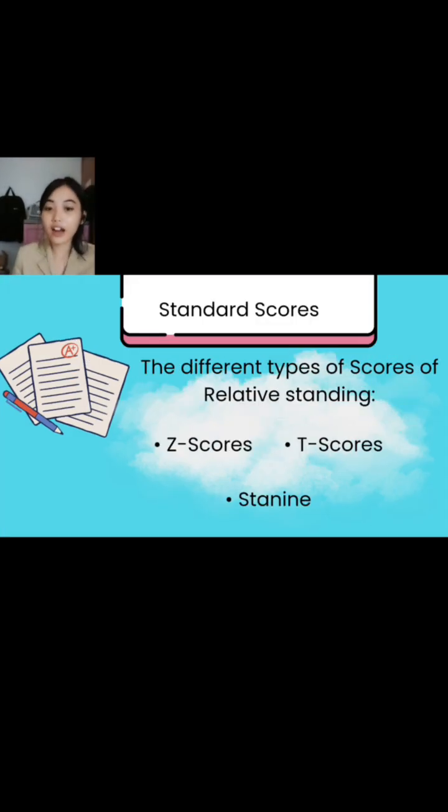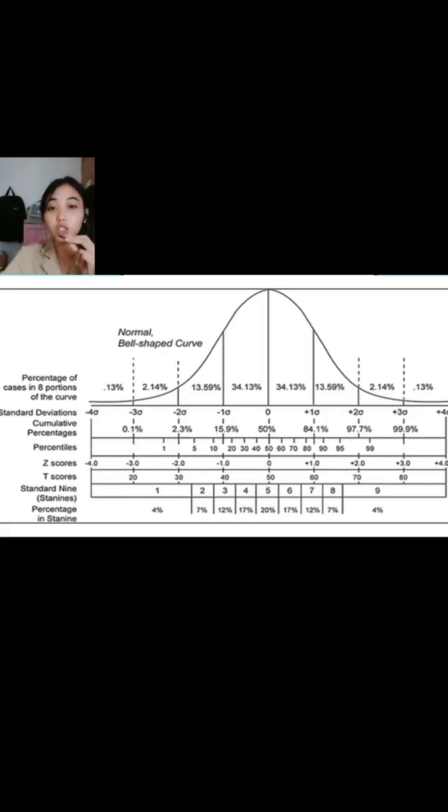So here are the different types of scores of relative standing: z-scores, t-scores, and stanine. So this is the image of a normal distribution with standard deviation. Here we have our mean, which is 0, in the middle.